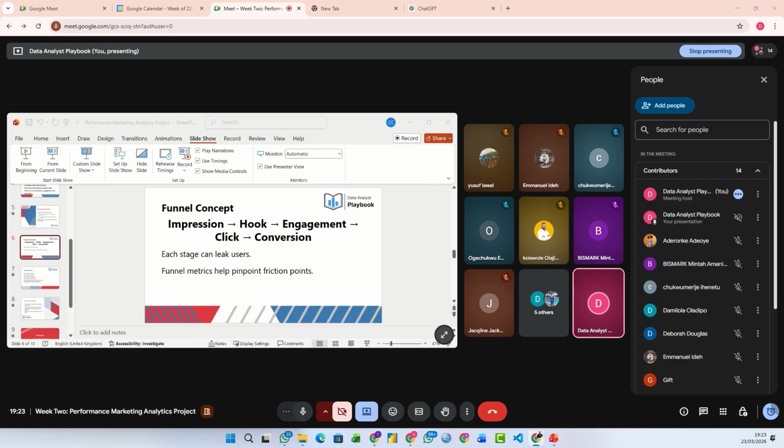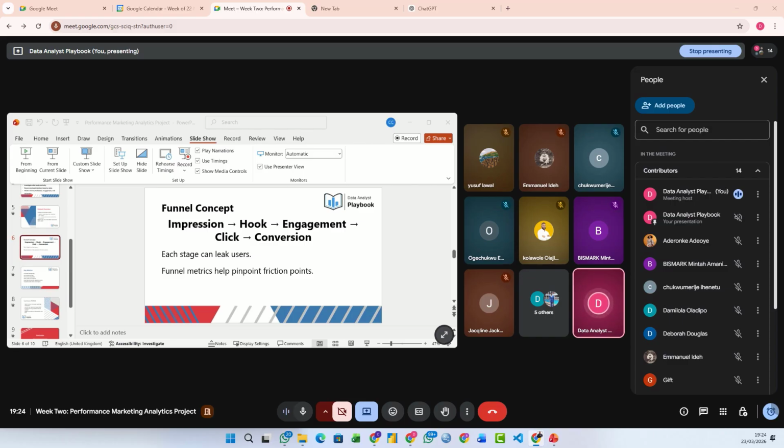You look at the impression, you look at what hooked them, look at the engagement on those posts. You look at now those engagements, did it lead to people clicking on probably external links that have been added, or does it lead to people converting into making sales if you're selling something or selling a service on your page?